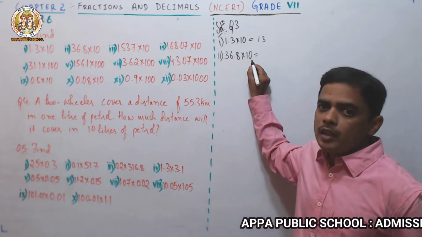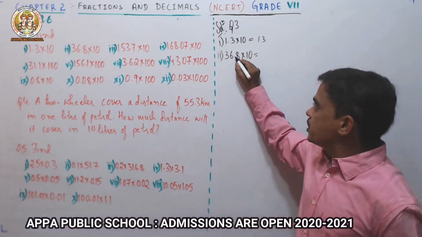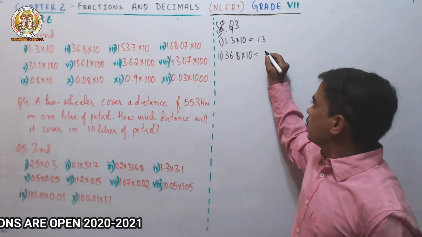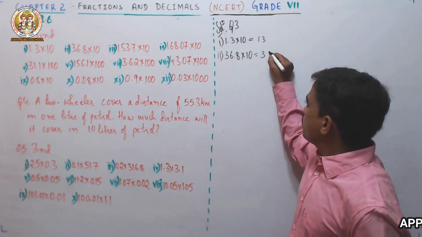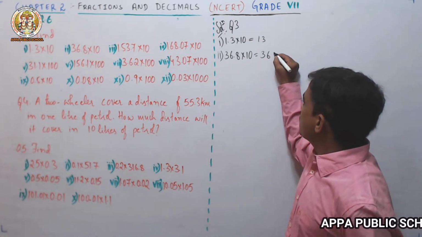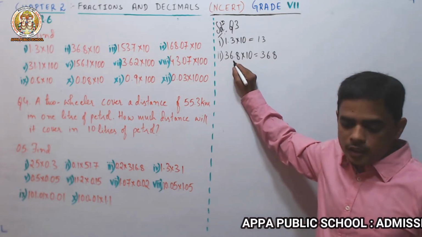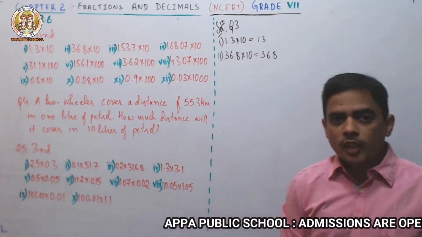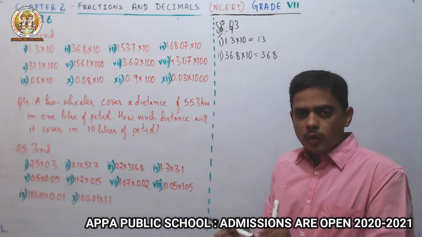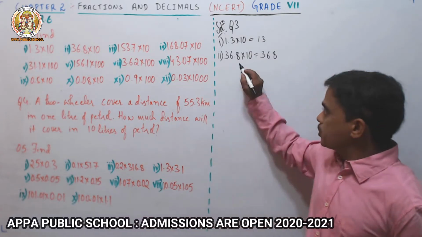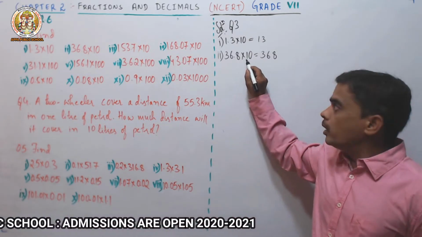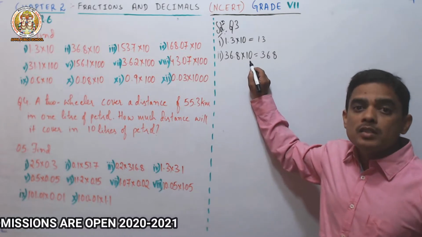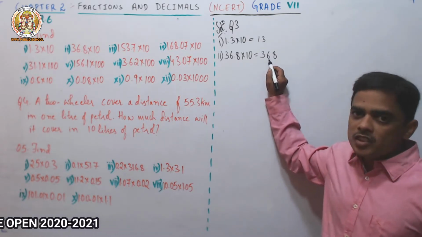How many zeros are there? One 0 is there. So shift the decimal point by one number. I will write it as 368. Therefore the answer will be 368.